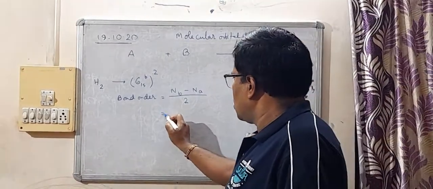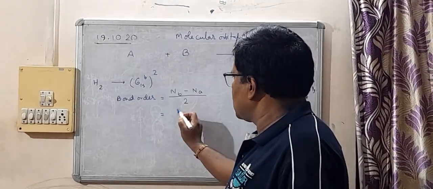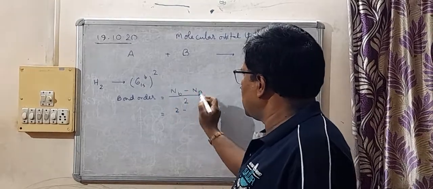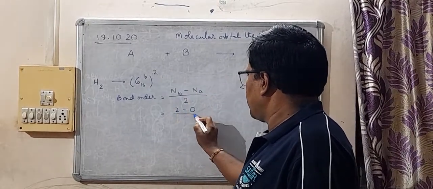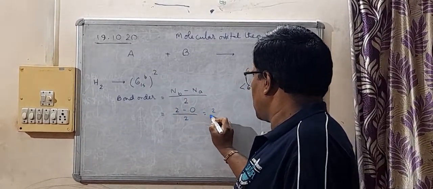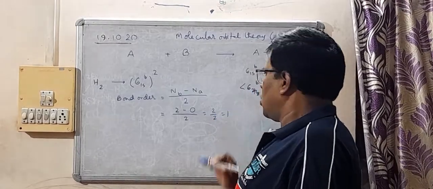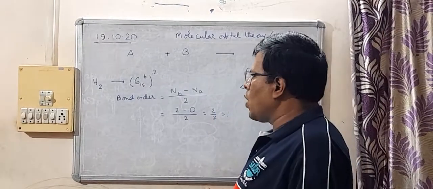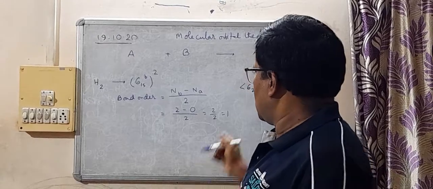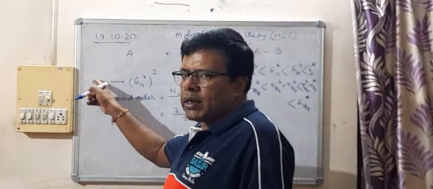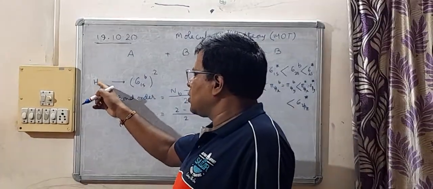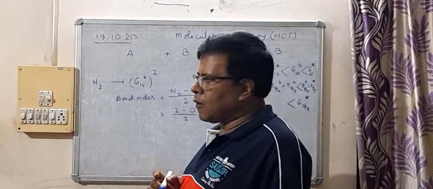So we have 2 electrons in bonding, there is no electron in anti-bonding. So bond order we are getting is 1. It means here the 2 atoms are connected by a single covalent bond.